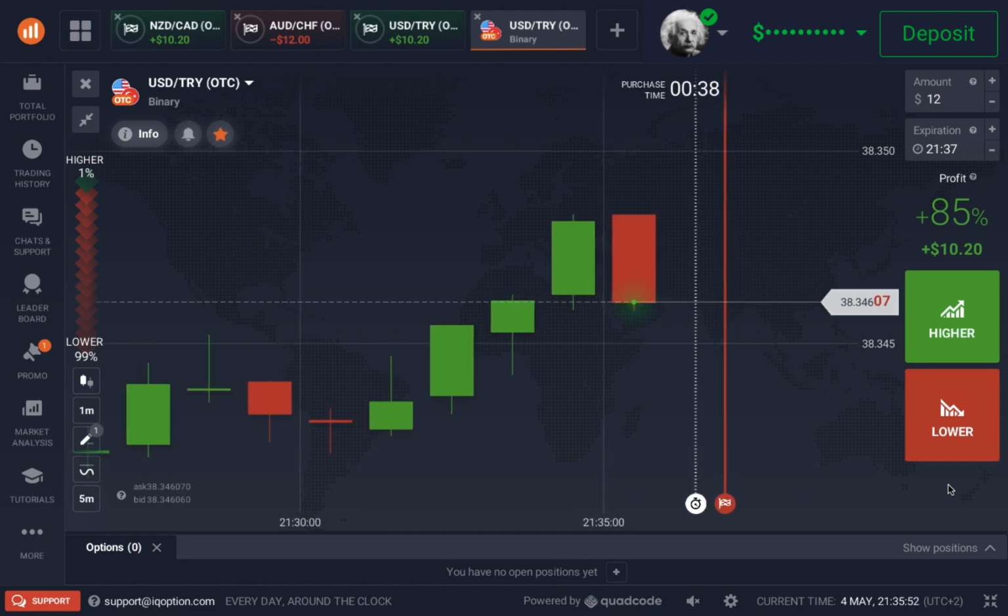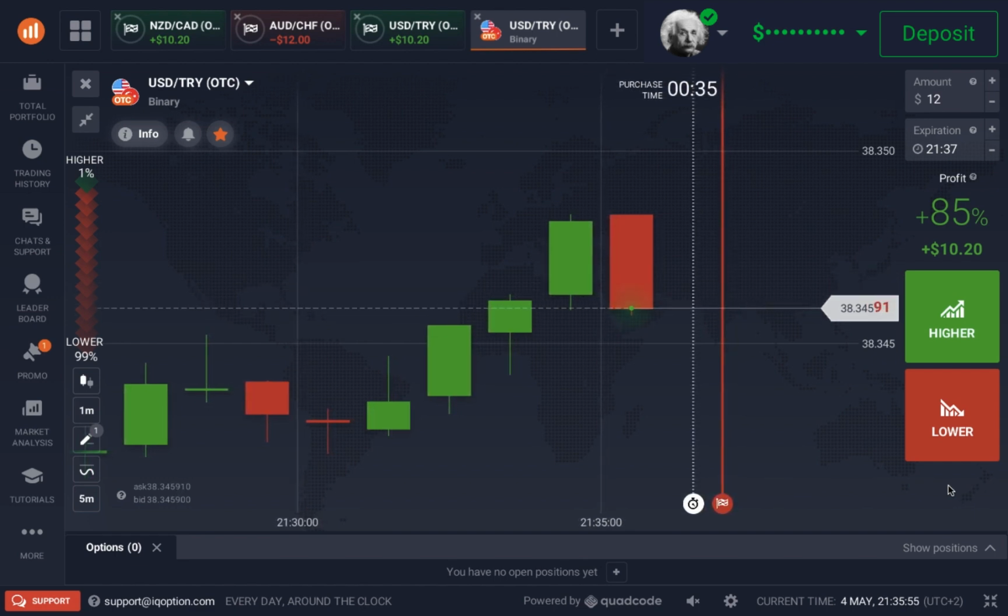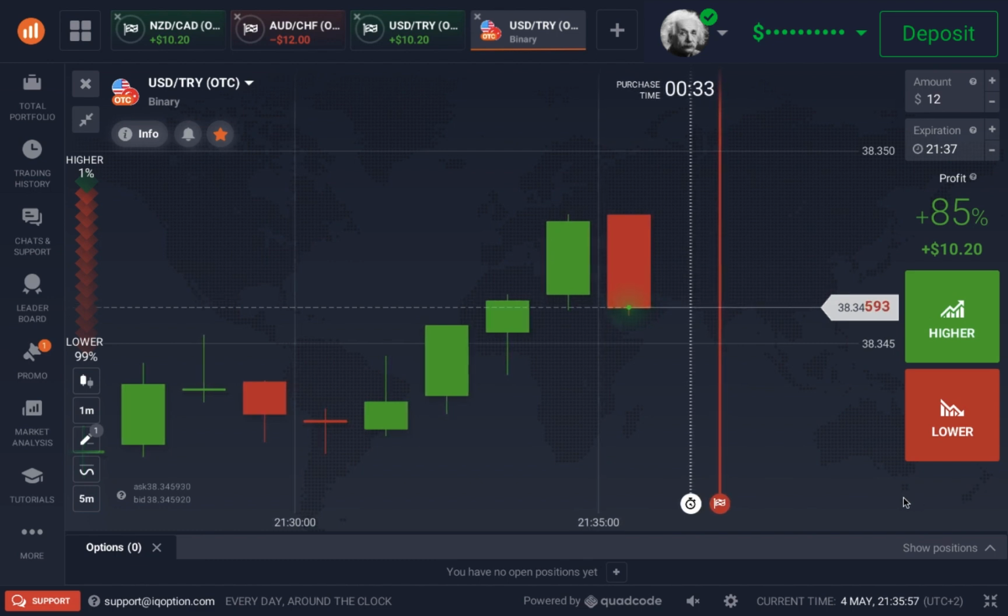Place my trade after this candle, no problem. Okay.